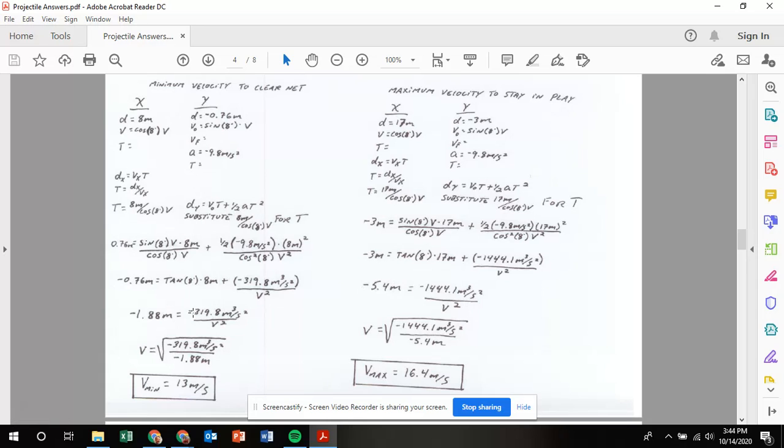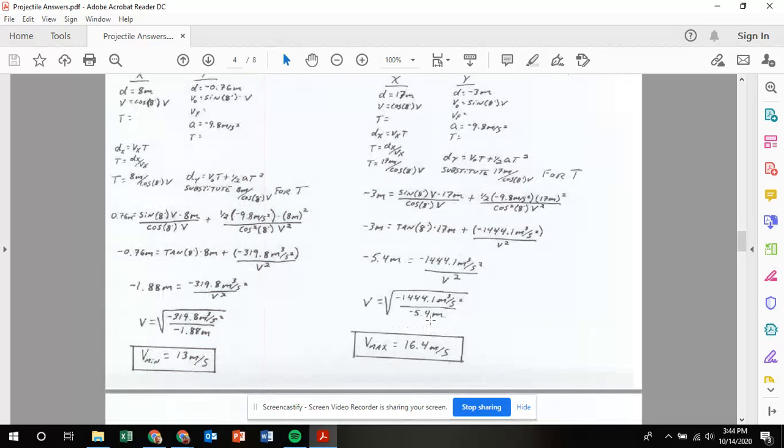Same algebra that we did over here to get v by itself. I would multiply v squared up to the left side and then divide by negative 5.4. So that's why I get negative 1444.1 divided by negative 5.4. Take the square root to get rid of the squared with v. And I find that I can't hit the ball any more than 16.4 meters per second, or it will go out of bounds.